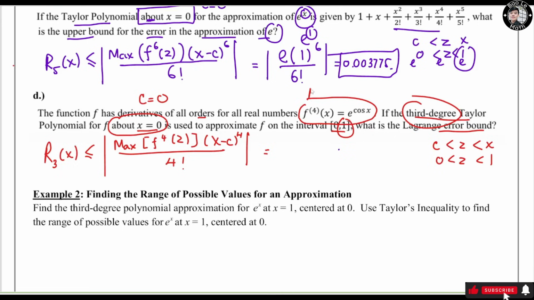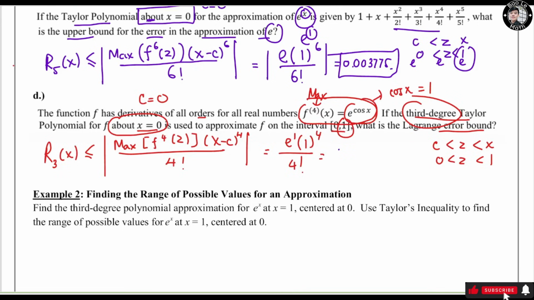You need the maximum of this one, and the cosine is maximum when it equals 1. So then you have e to the first times s minus c, which is 1 minus 0, which is going to be 1, to the power 4 over 4 factorial.